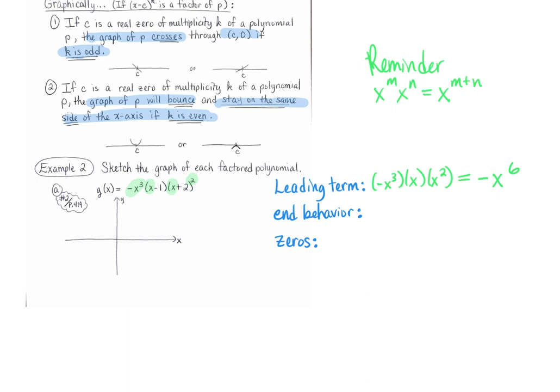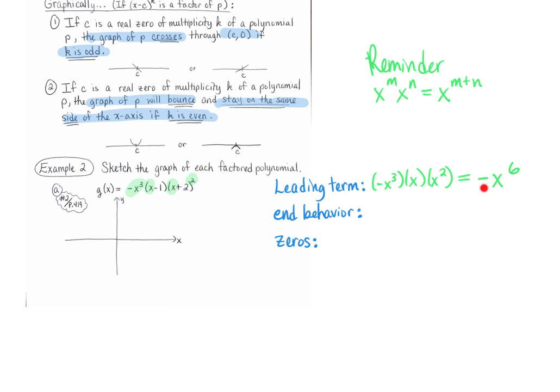Does that make sense? Because they all have the same base, x. So when you have the same base, all of them are x, x, and x, that means that you add the exponents. Okay? Now, this has what degree? Even or odd?